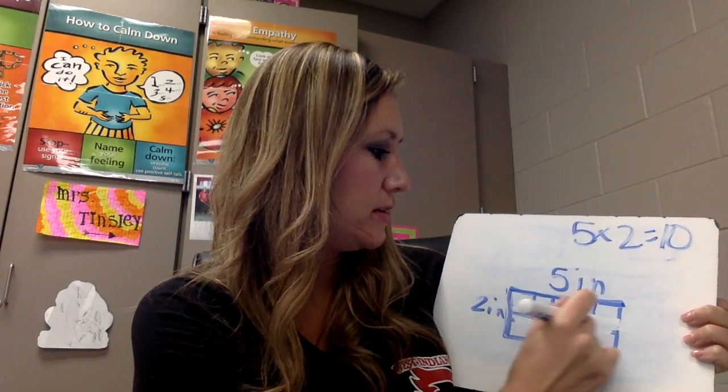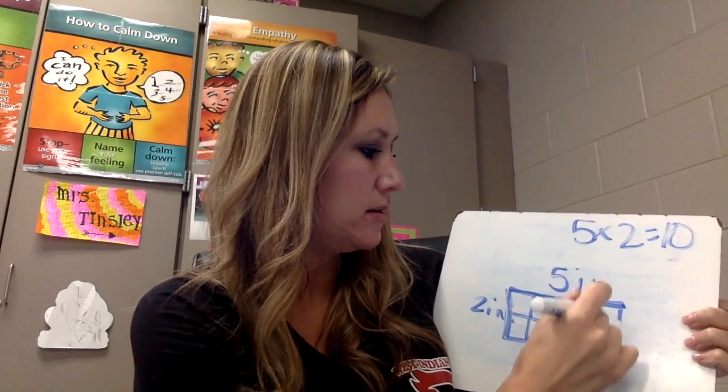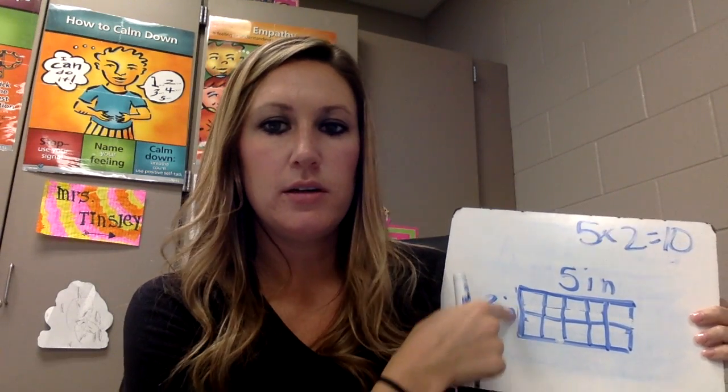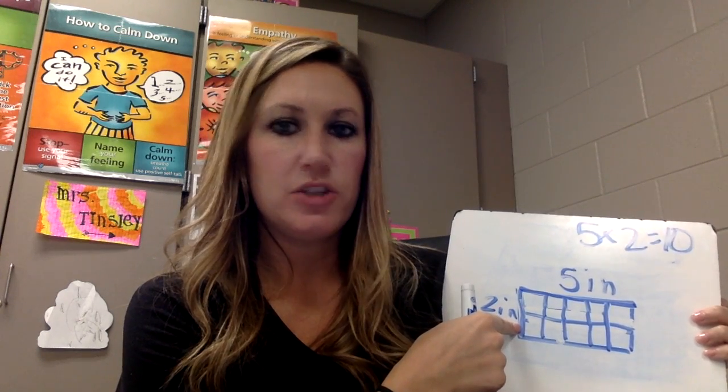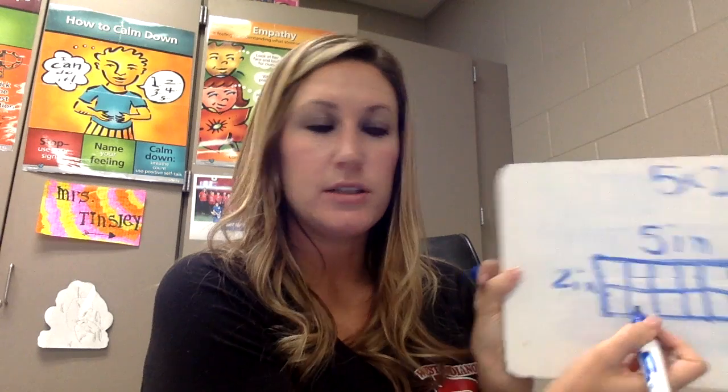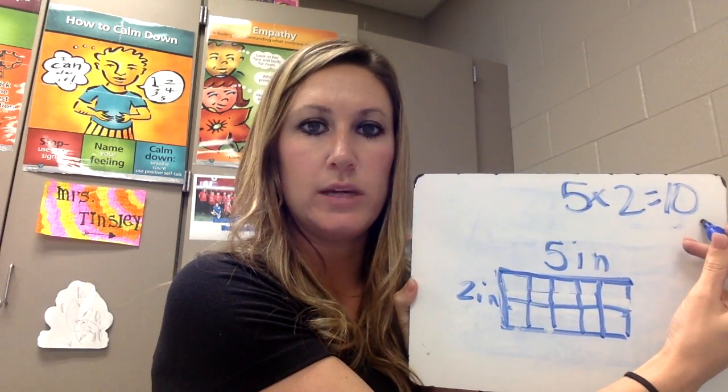Oops, I did that a little bit wrong. And that there are 1, 2 inches going from here to here. So there's 2 rows here and 5 columns. Okay. So if you counted up the squares, it would give you that length times the width, which was 10. So that's 2 ways to find the area of a rectangle.